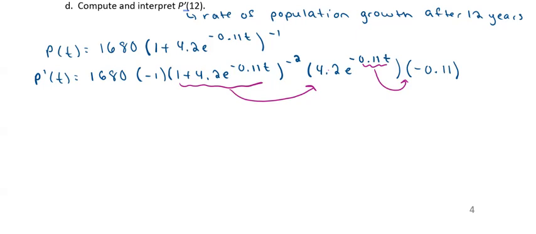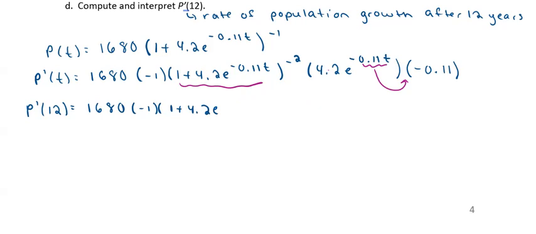So now we need p prime of 12. I'm not even going to try to simplify that derivative. I'm just going to leave it just like that. So we are replacing all of the t's with 12.